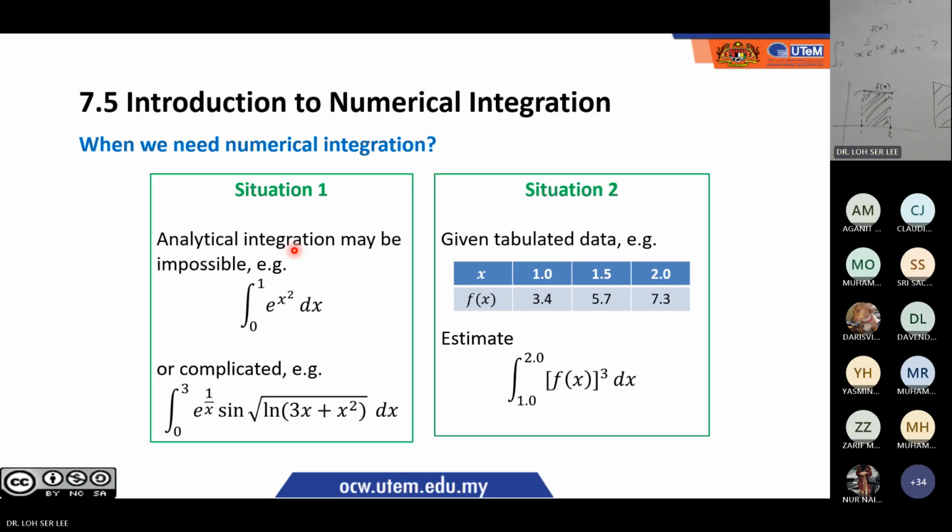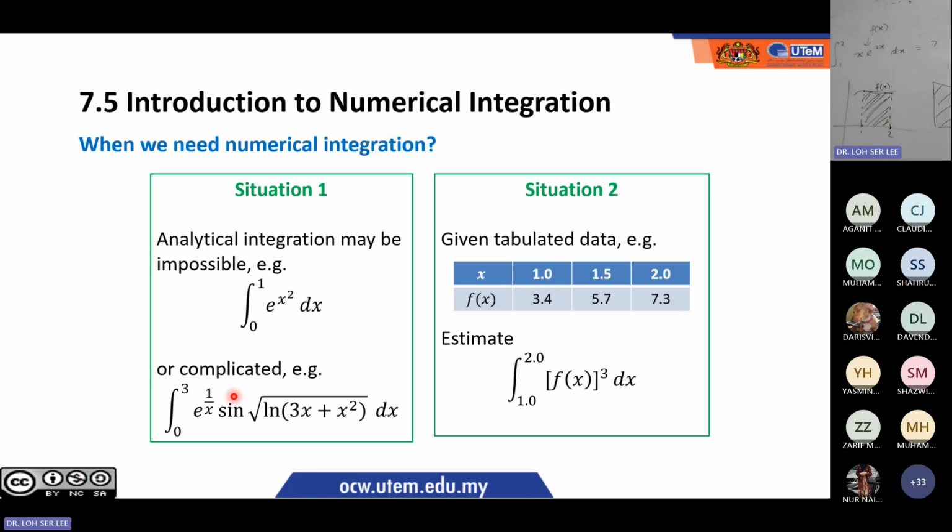All these are called analytical integration. What you are going to learn now is numerical integration. For this function, you are unable to integrate it by using any of the techniques of integration that you have learned, none of them. So for this kind of question, we need numerical integration.